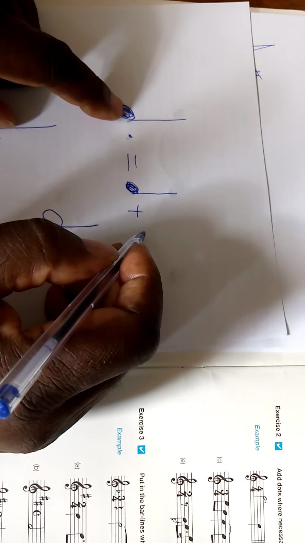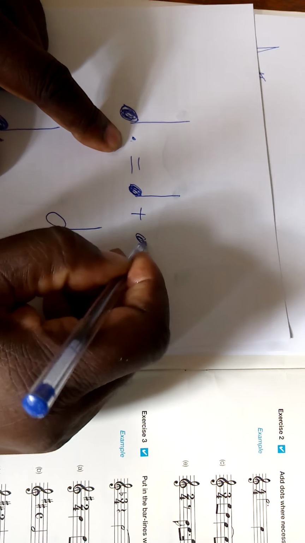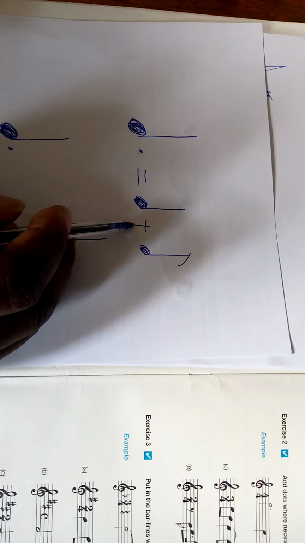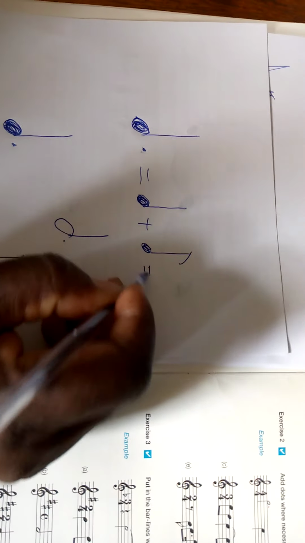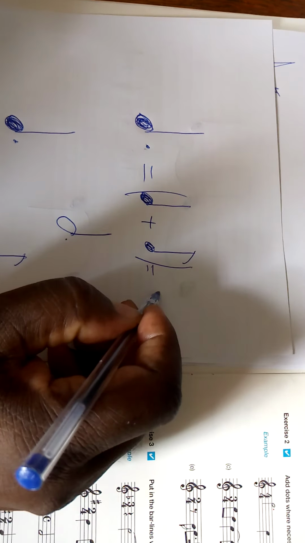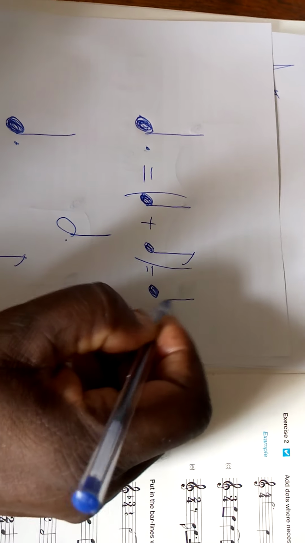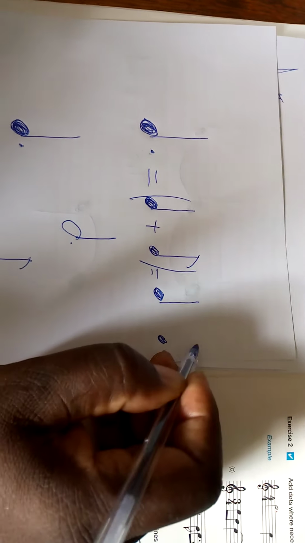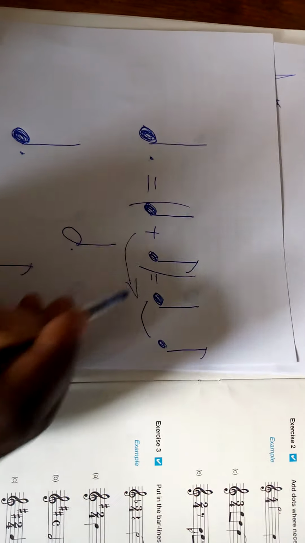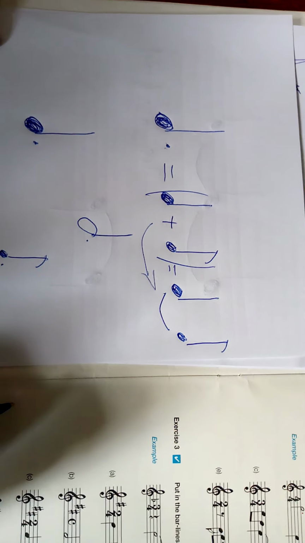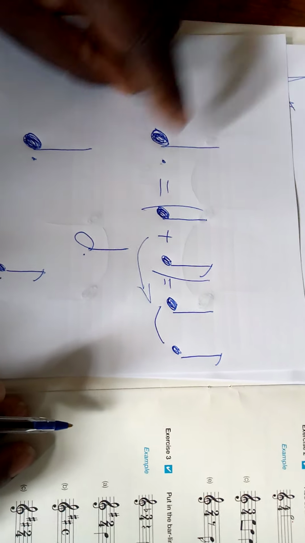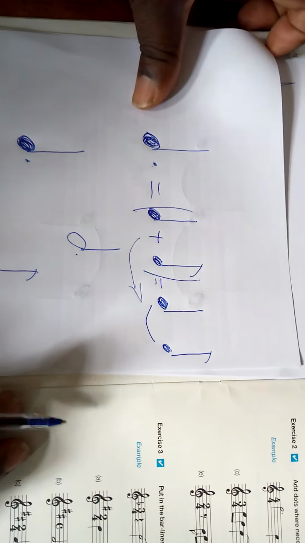If the dot is half of a quarter note, then the dot is equal to what? An 8th note. Mathematically, you can do this. But in music, we don't put a plus. We instead put a tie. So you've got a quarter note tied to an eighth note. Therefore, the plus sign here takes the place of a tie. This is what it means. So you find that a tie, which we've talked about, and the dots are related.